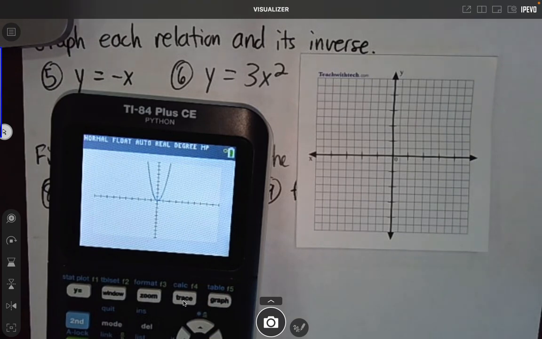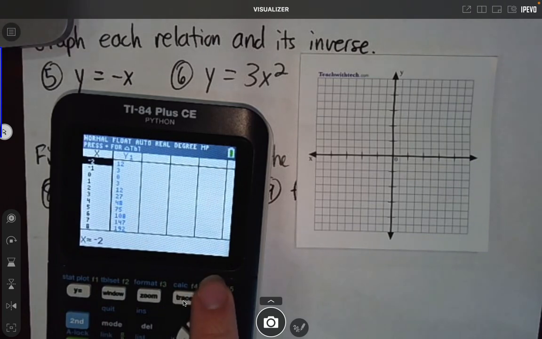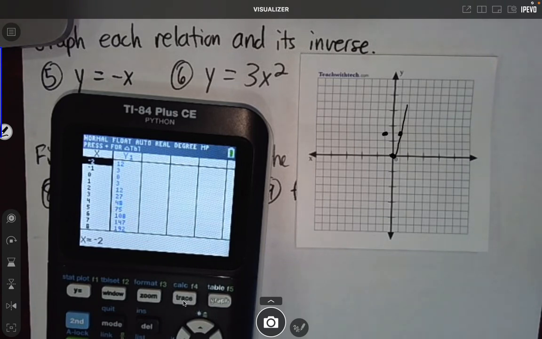Now, here it is, okay? I'm going to press second table, and I'm going to try and find some numbers to graph. I'll do this one in black. So I've got negative 1, up 3; 0, 0; 1, 3. It's kind of a skinny parabola, isn't it?